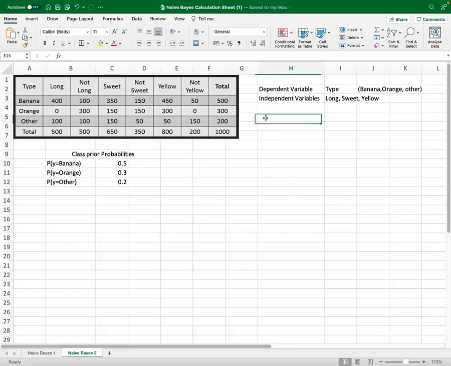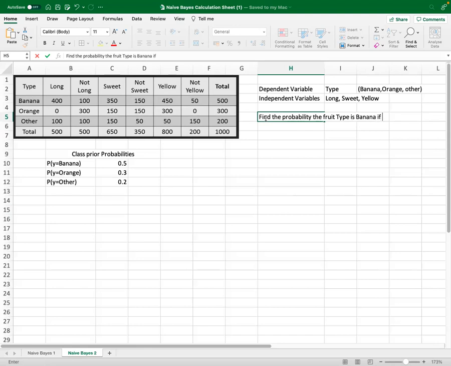Now you have to find the probability the fruit type is banana if it is long, sweet, and yellow.